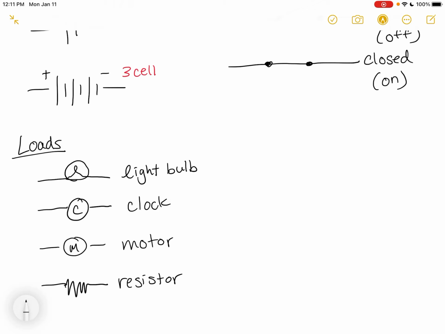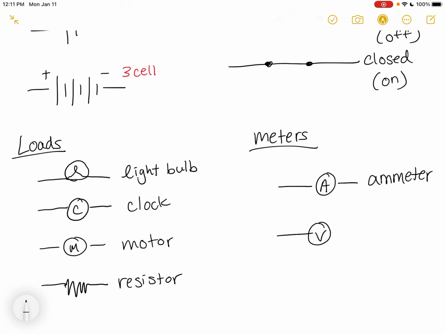And electrical loads are things that are going to use electricity in the circuit. So electricity is going to flow through them, and the light bulb or the clock or the motor or the resistor is going to use up some of the electricity. We sometimes can have meters that are going to measure certain things in our circuit. So if we have an A, this one is called an ammeter. And if we have a V, this one is called a voltmeter.